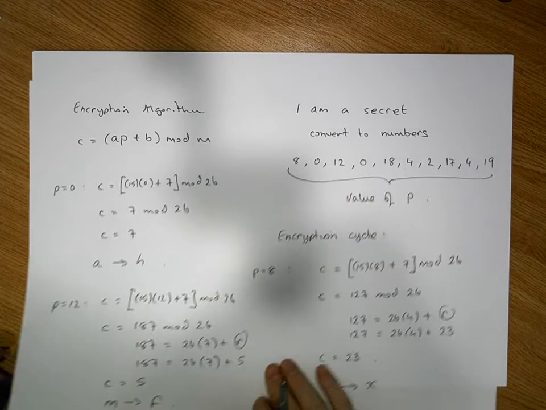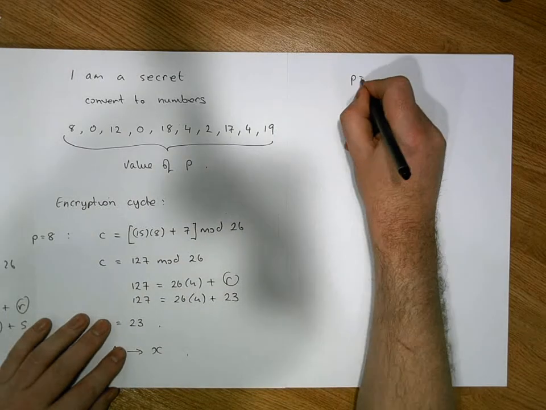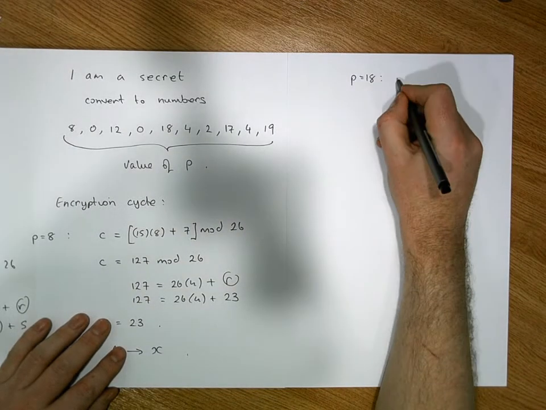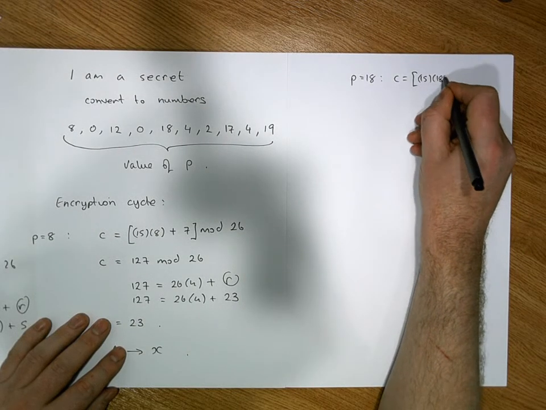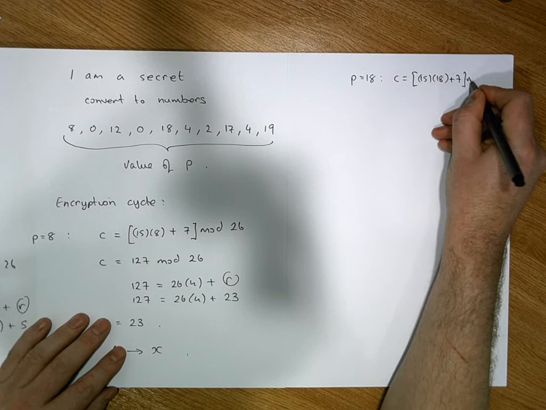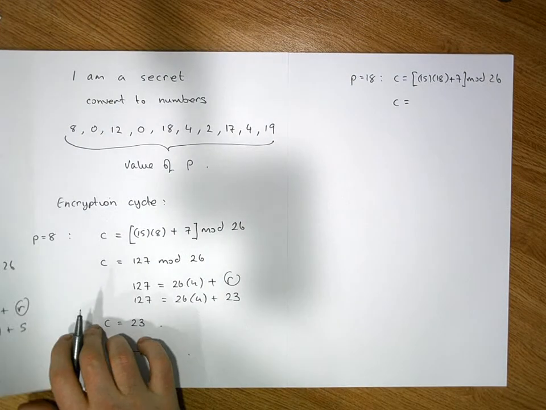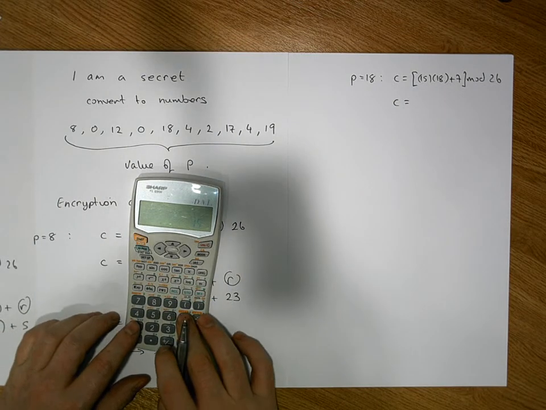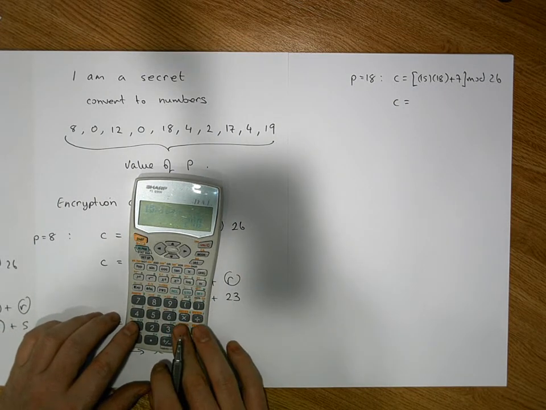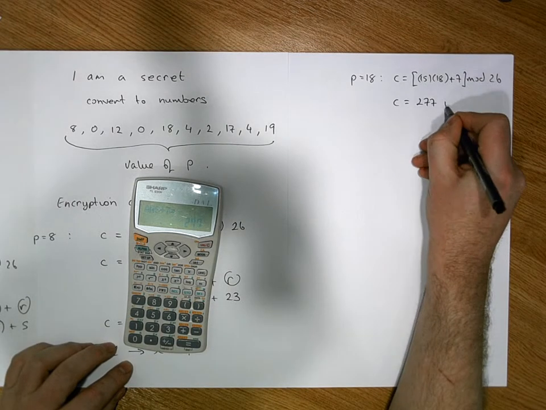What about 18? Where's 18 taken to? When P is equal to 18, the ciphertext should be equal to 15 times 18 plus 7 modulo 26. Let's get our calculator again. 15 times 18 plus 7 gives us 277 modulo 26.